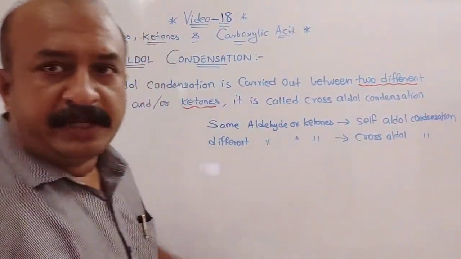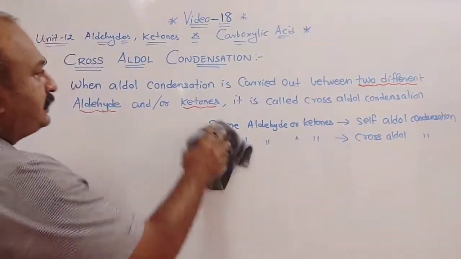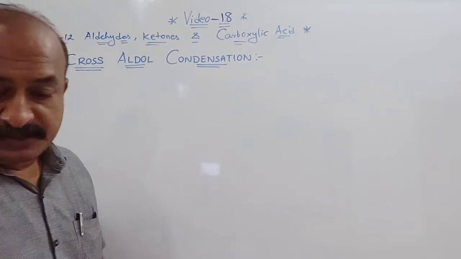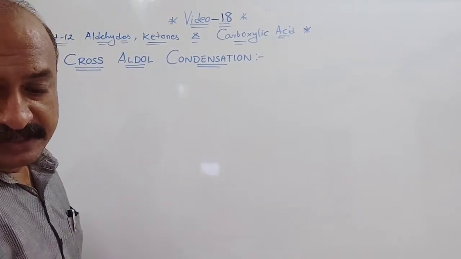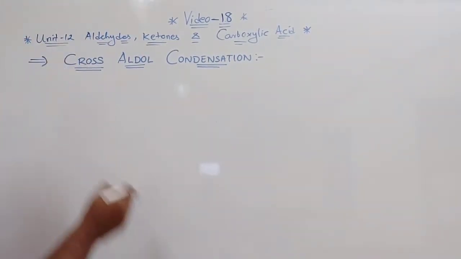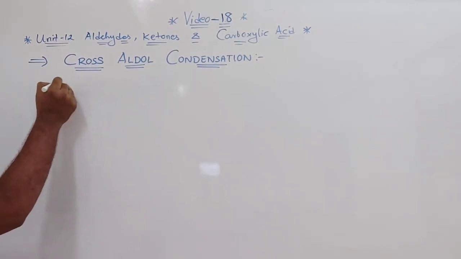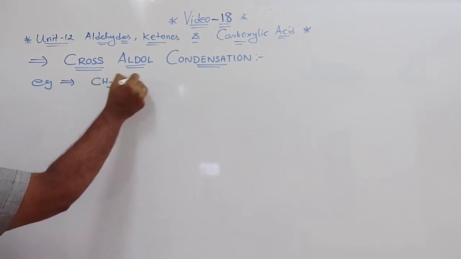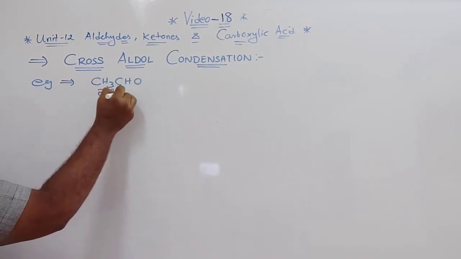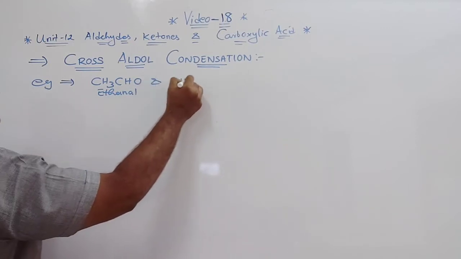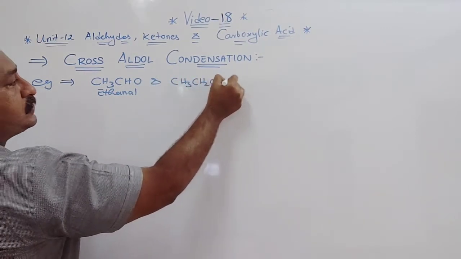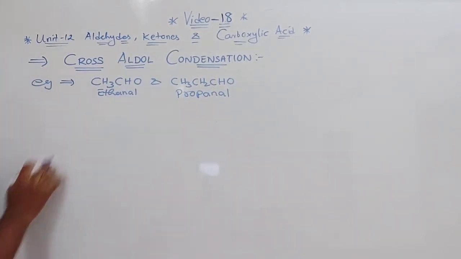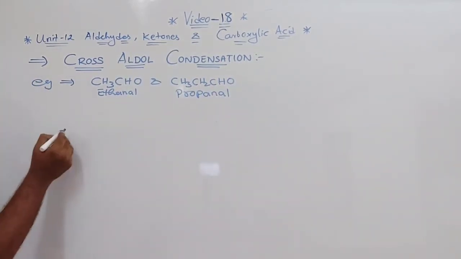Now we will go through an example given in your textbook, of ethanal and propanal. They have taken ethanal, CH3CHO, and another, CH3CH2CHO, that is propanal.